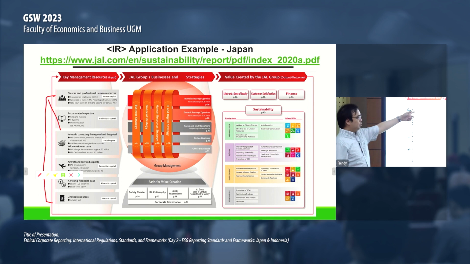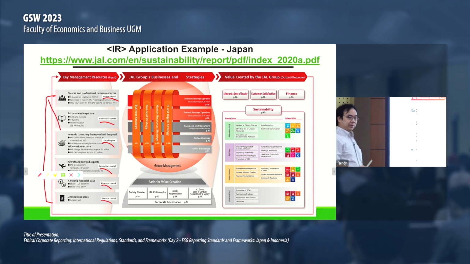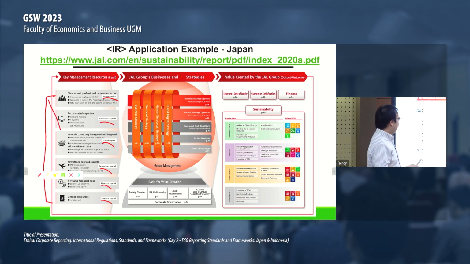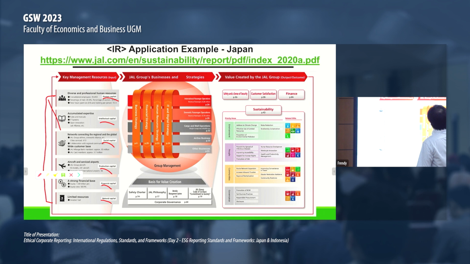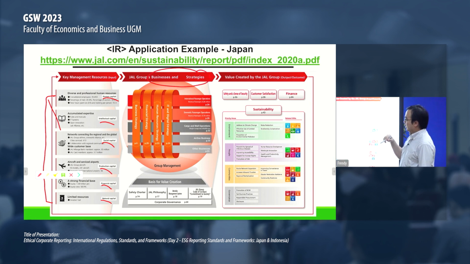You can kind of identify the names: human capital, intellectual capital, social capital, production, financial, and natural capital. These are the sources or the input that goes into the company's business process and strategies.